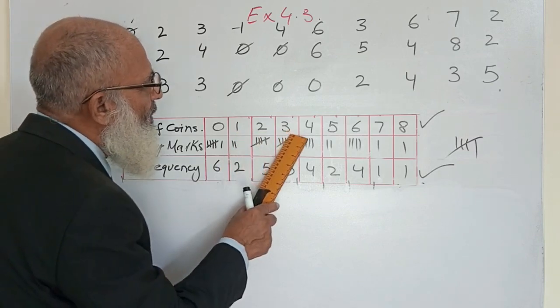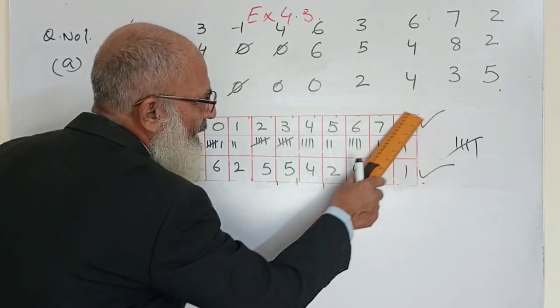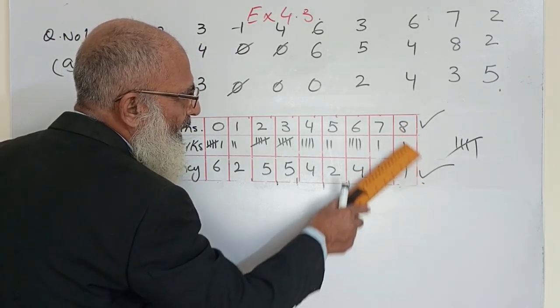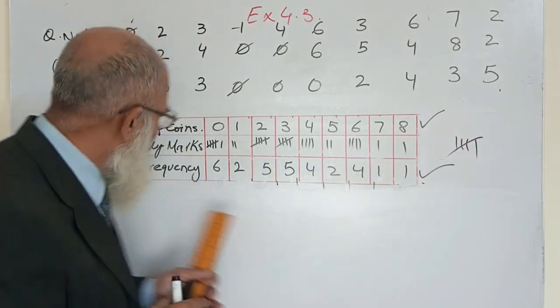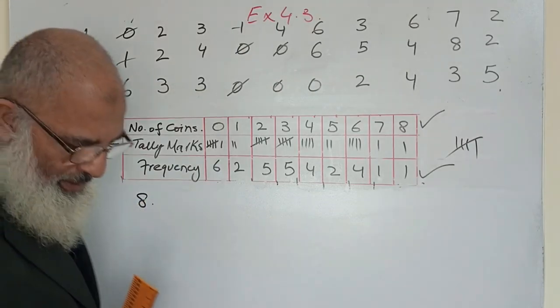These have 1, 2, 3, 4, 5, 6, 7, and the highest number is 8. And unluckily, only one student has 8 coins in his pocket. So this is the highest number. So part B says 8 only.